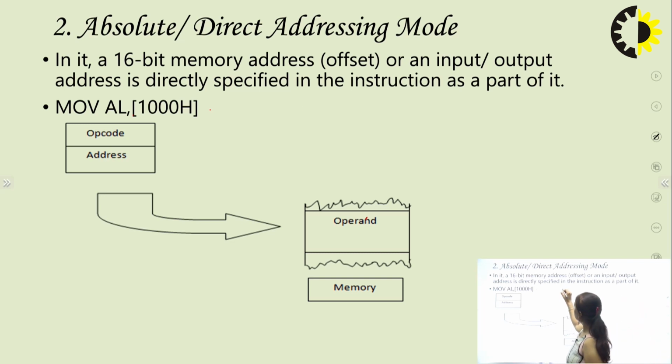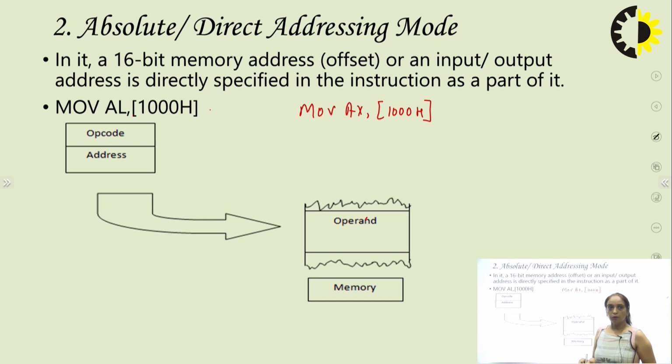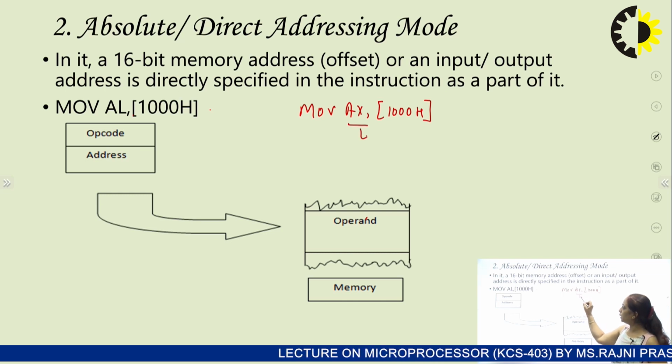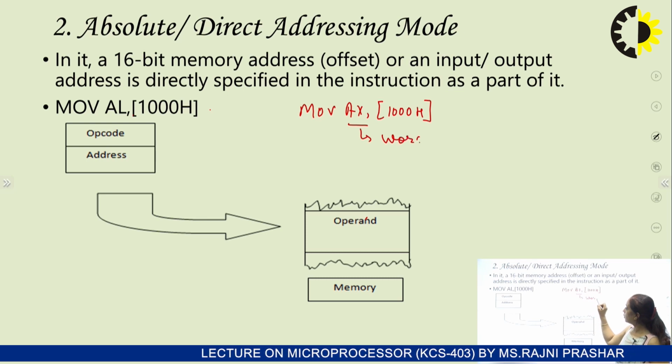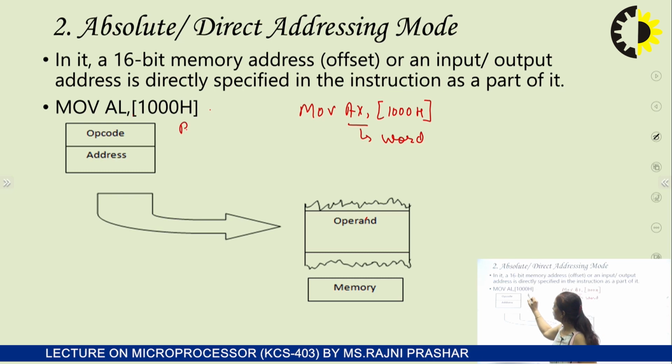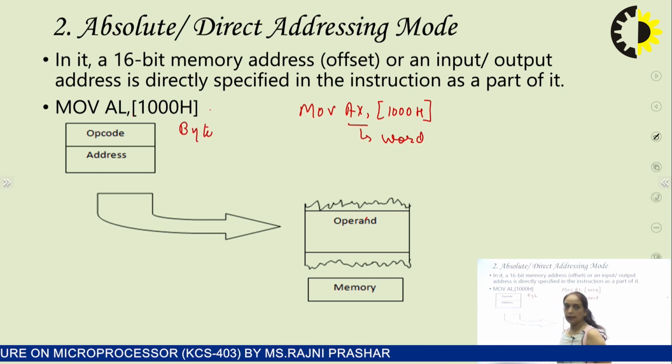If you write MOV AX, [1000H], then a word will be copied to AX: 1 byte will be taken from the lower address and another byte from the higher address. So in this a word will be copied to AX, and in the other a byte will be copied to AL.